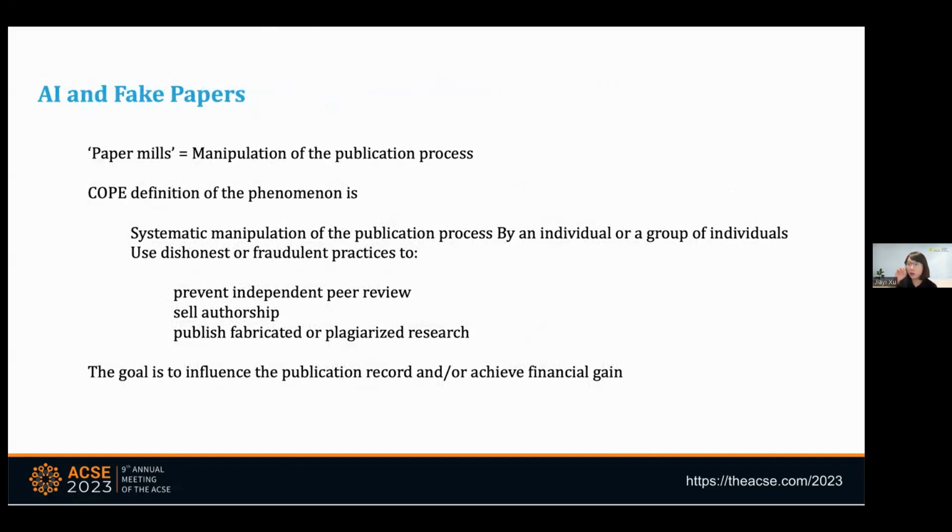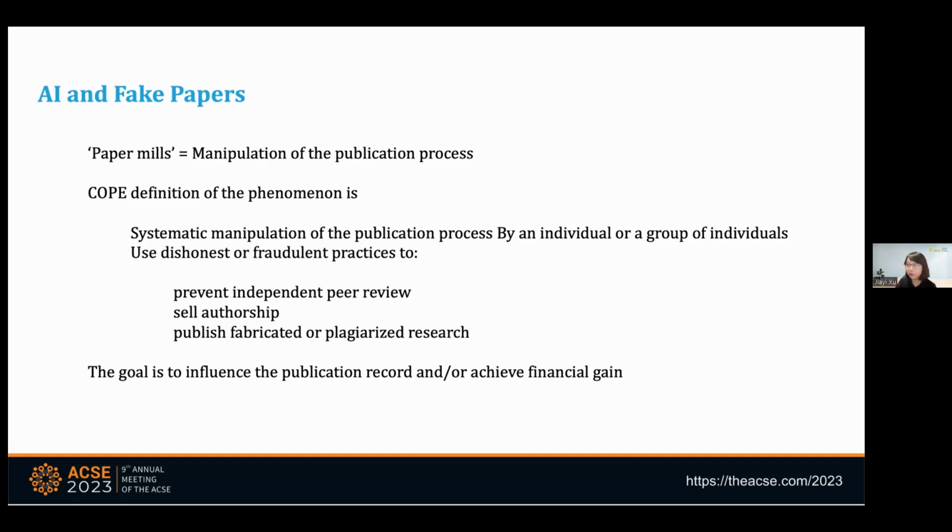The second issue I want to address is about AI and fake papers. The rise in the role of AI in the writing, creation, and complete production of research papers has taken the publishing world by storm in the last year. This has significant implications for research integrity and the need for improved means and tools to detect fraudulent research.